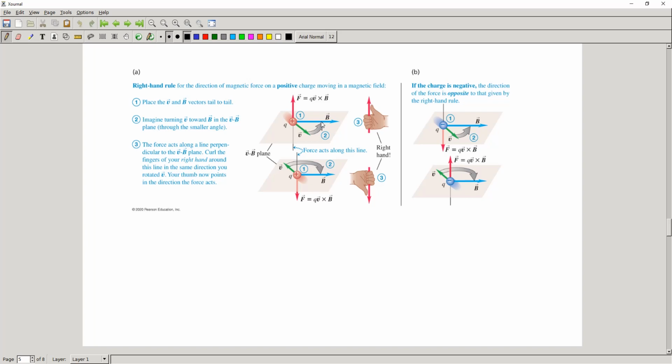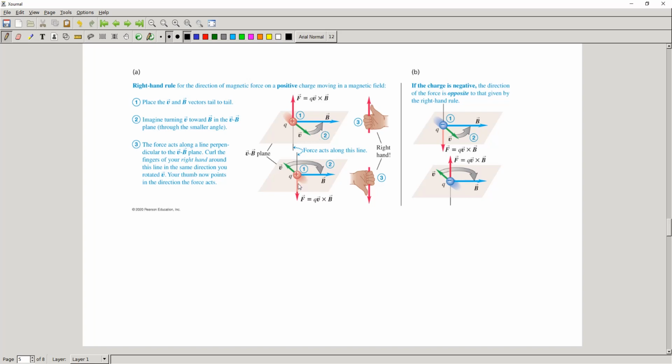You curl your fingers in the direction that B is, right? So let's say you're looking at this diagram here. You place your hand on top of this V vector. You curl your fingers in this direction with your right hand. If you do that, you're going to find that your thumb on your right hand is pointing in the direction of F. Okay, that's always going to be true.